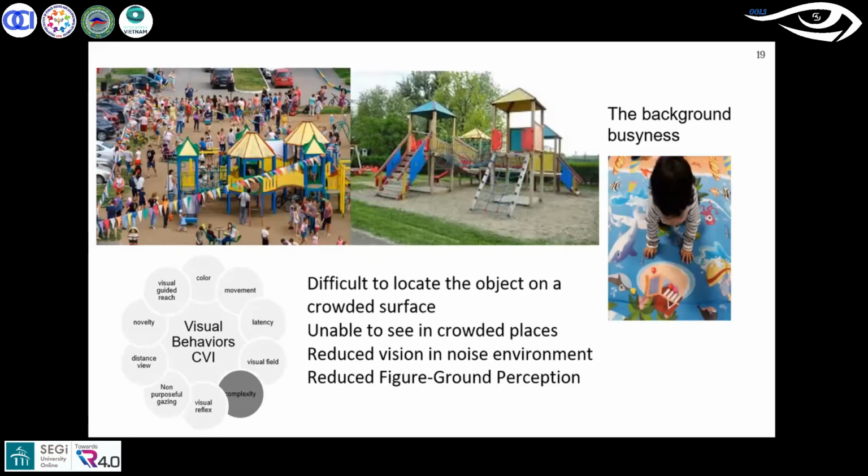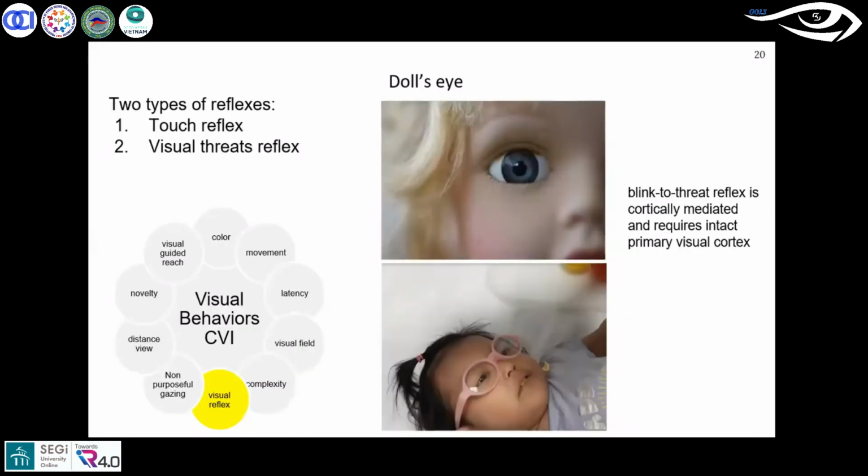What about the reflexes? We know that there are two reflexes that are innate to children. So we need to test whether a child with CVI has problems with the visual reflexes, the touch reflex and the visual threat reflex. The touch reflex is tested simply by giving a quick tap on the bridge of the nose, and the eyes actually need to blink and shut.